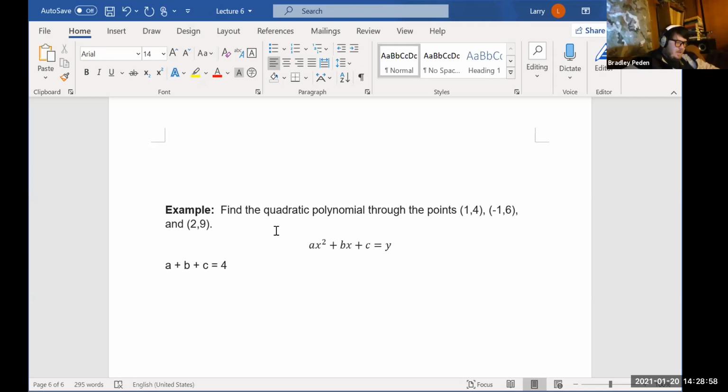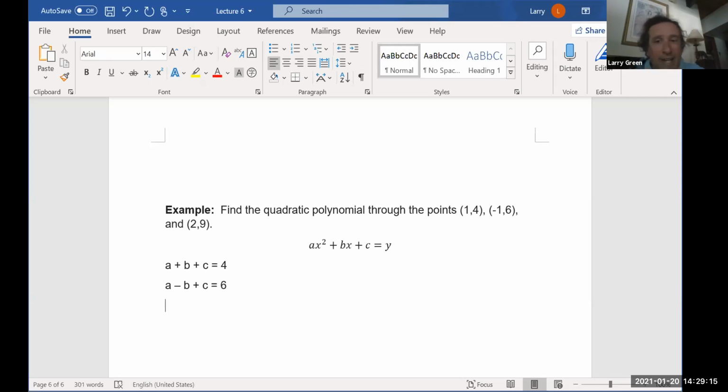A minus B plus C equals 6. Good. Again, it wasn't a trick question. And what do you get if you plug in 2, 9? 4A plus 2B plus C equals 9. Good. Any questions on that?